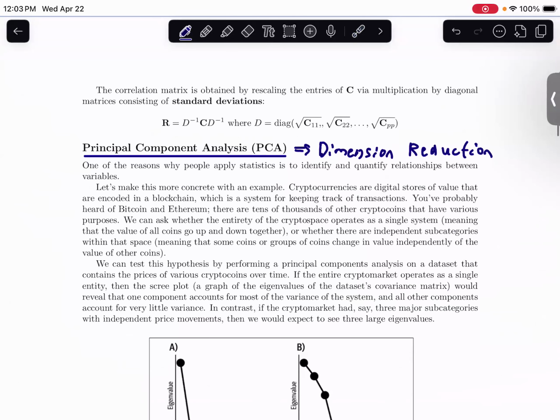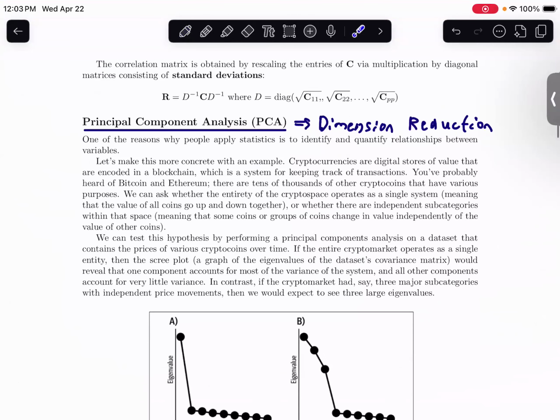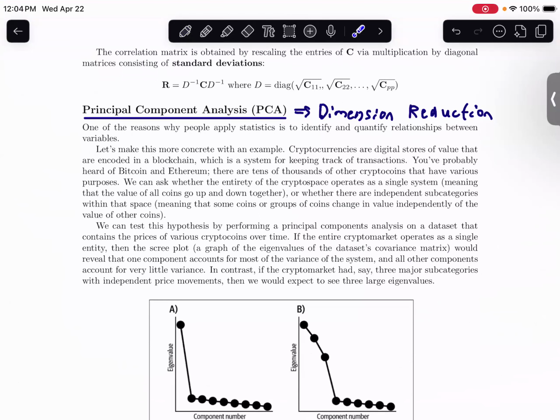It's taking data that can have 100, 1,000, 10,000 dimensions, and restricting the dimensions so that you're only considering, depending on the example, maybe 5 dimensions or 5 main components. So it's taking something that could have a lot of dimensions and reducing it down to something that has significantly less.